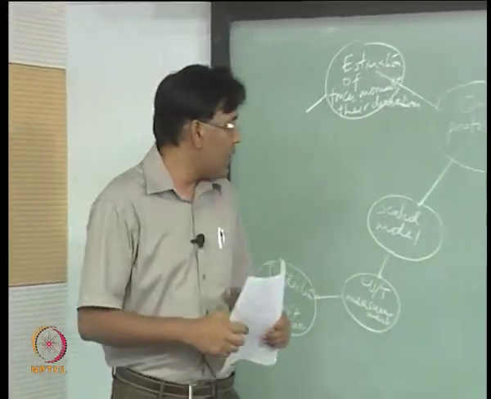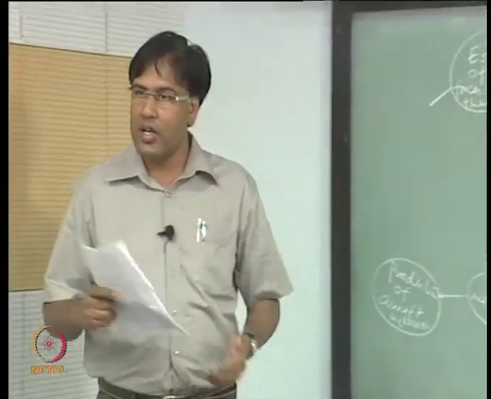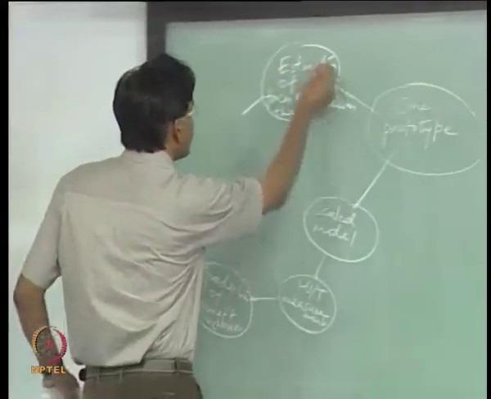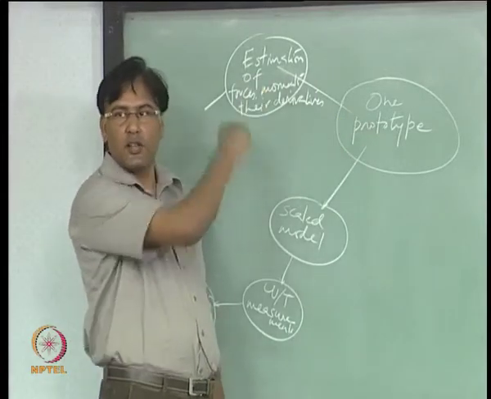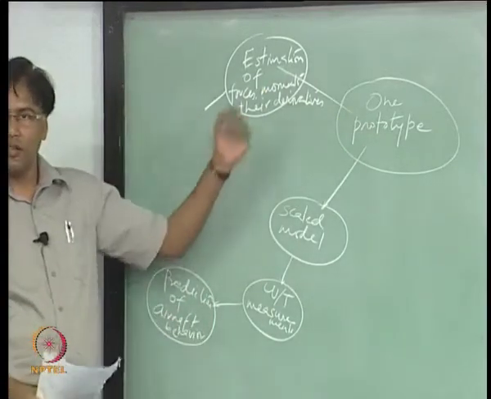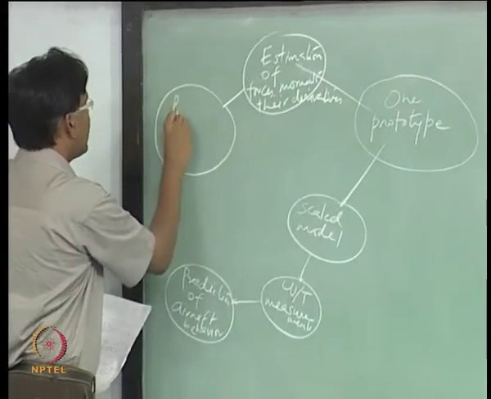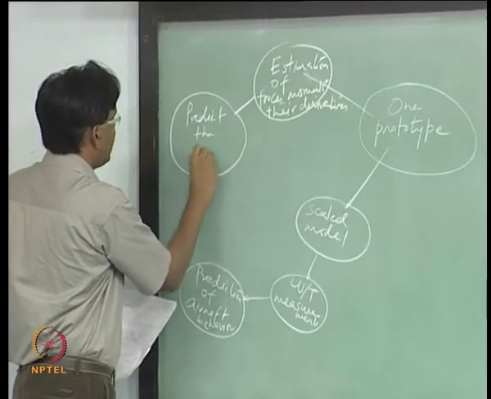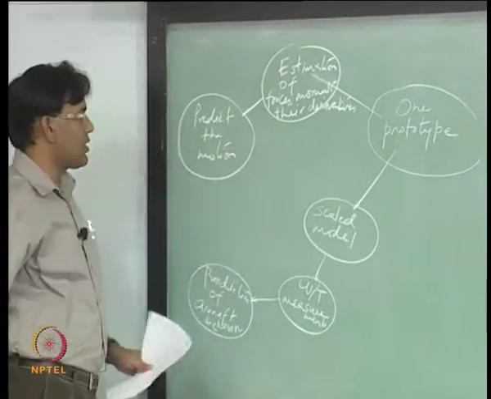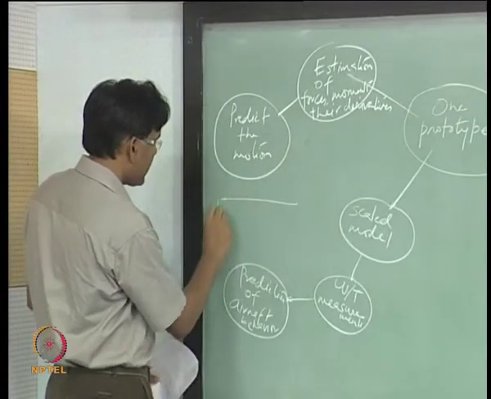For example, whether your aircraft is giving you good flying or handling qualities or not. So, after we have done this, now everything is on paper, or you can use a computer to predict the motion.